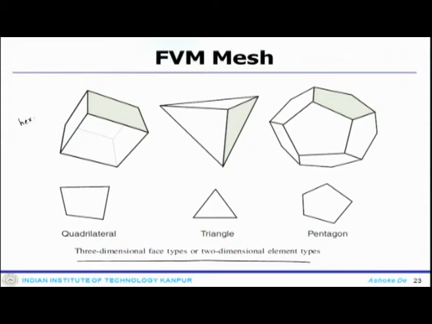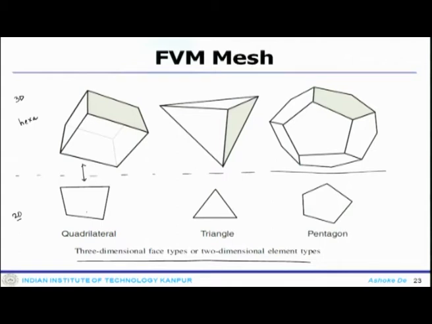In 3D we call it hexahedron, and when you come down to 2D, these are all my 2D elements. This upper block shows all 3D elements, and these are the equivalent 2D elements. So, this is a quadrilateral. That means when I draw a 2D element, it would be a quadrilateral element.